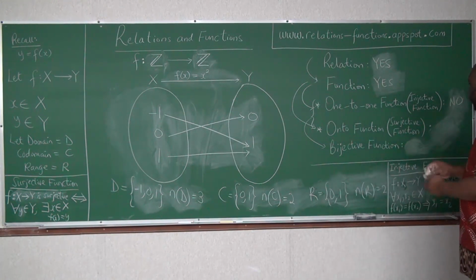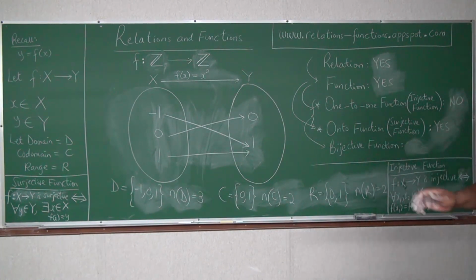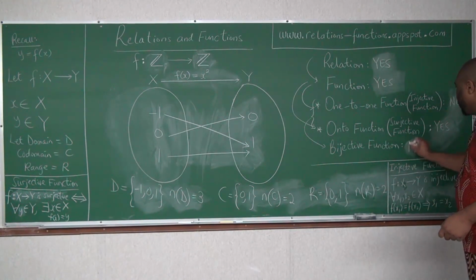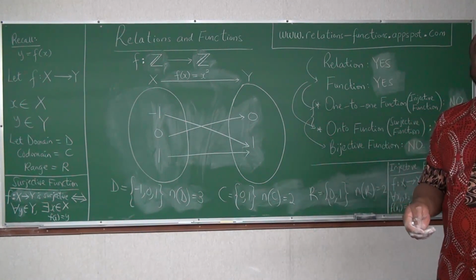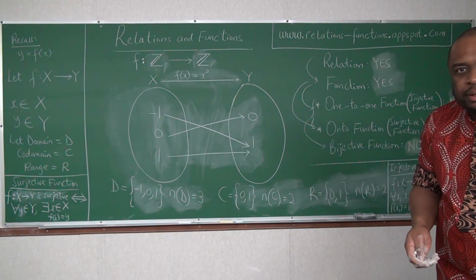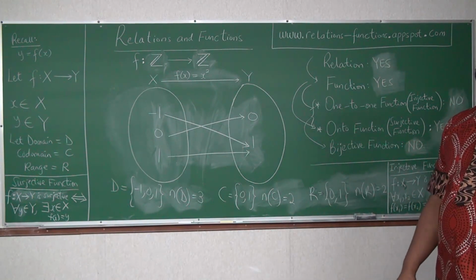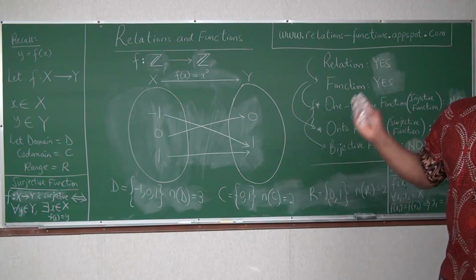Yes, it is onto. It is a surjective function. Is it a bijective function? No, because a bijective function is a function that is both a 1-to-1 function and an onto function.